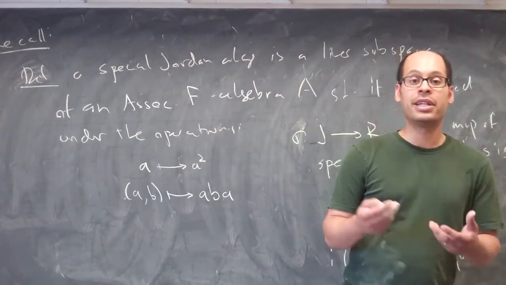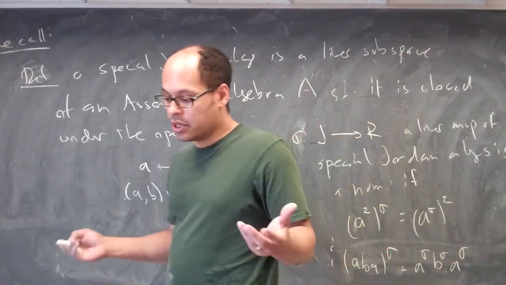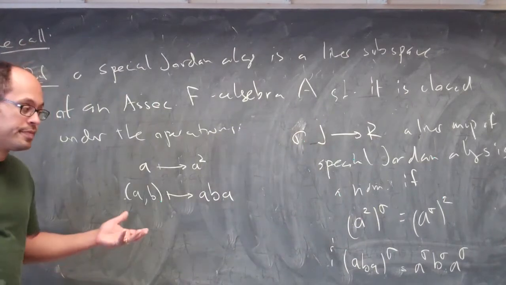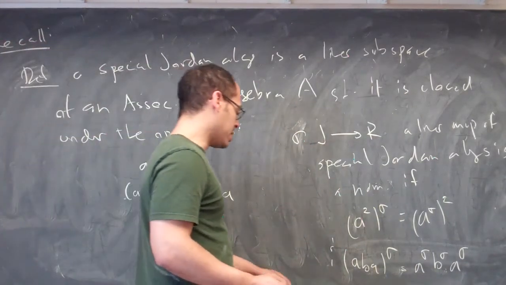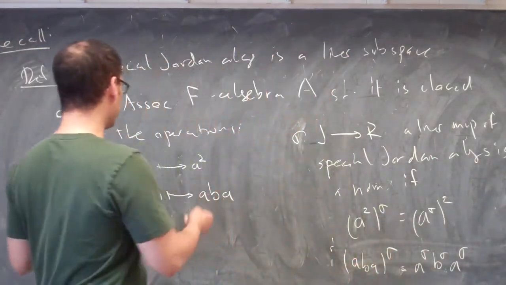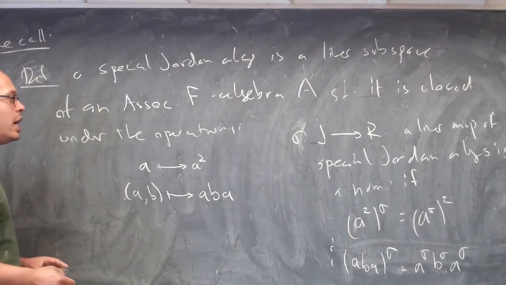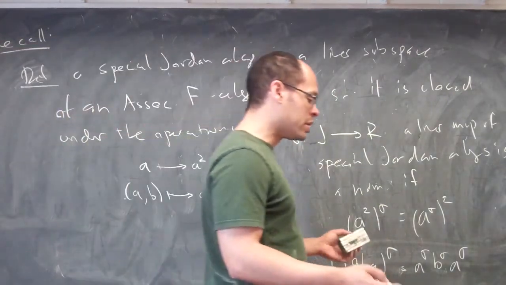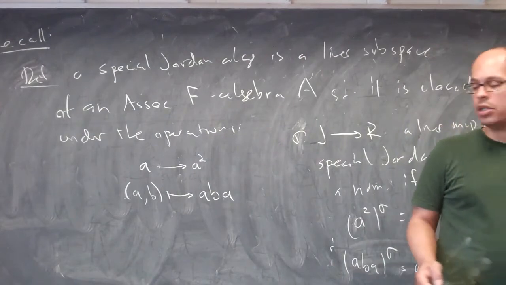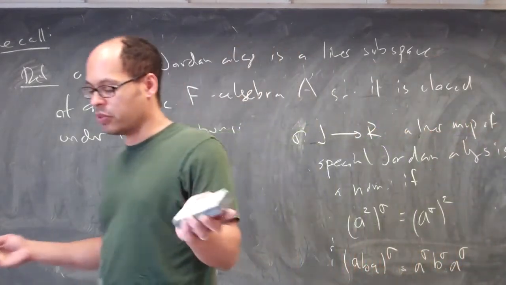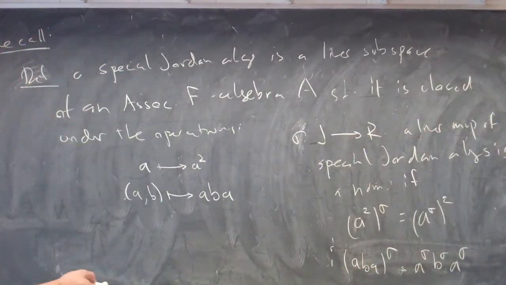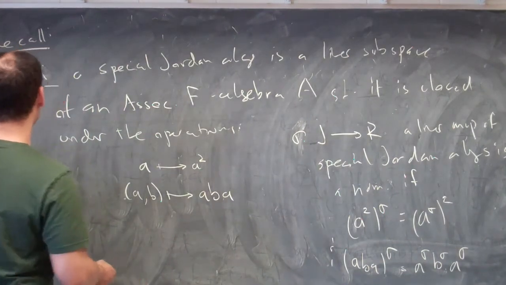Okay, so that's the notion of a special Jordan algebra. In particular, any associative algebra is a special Jordan algebra, just because it's closed under all these things, right? And one can also talk about special Jordan homomorphisms between associative algebras.